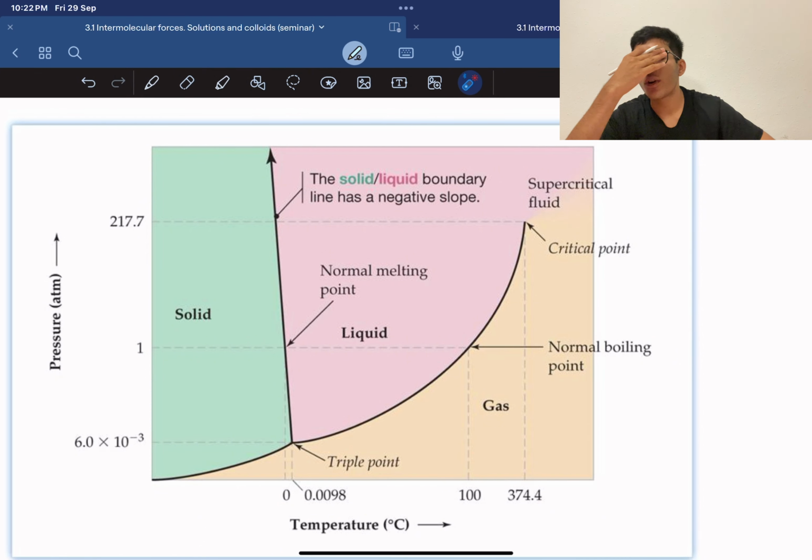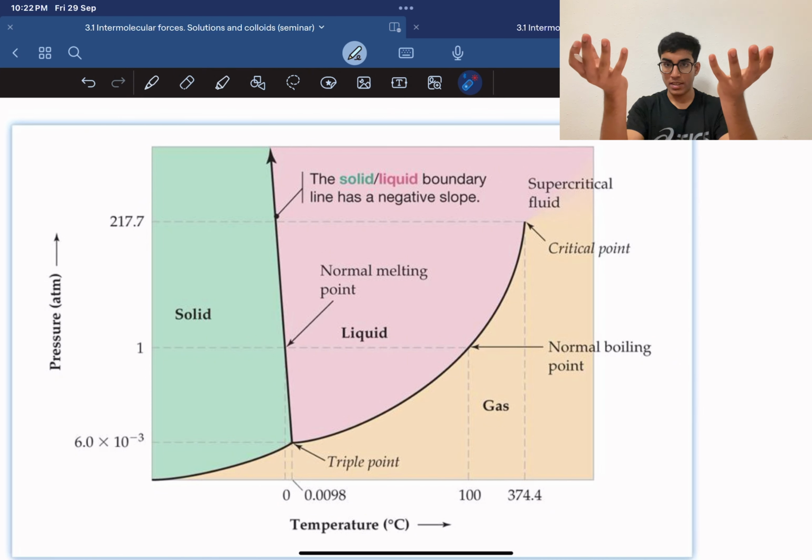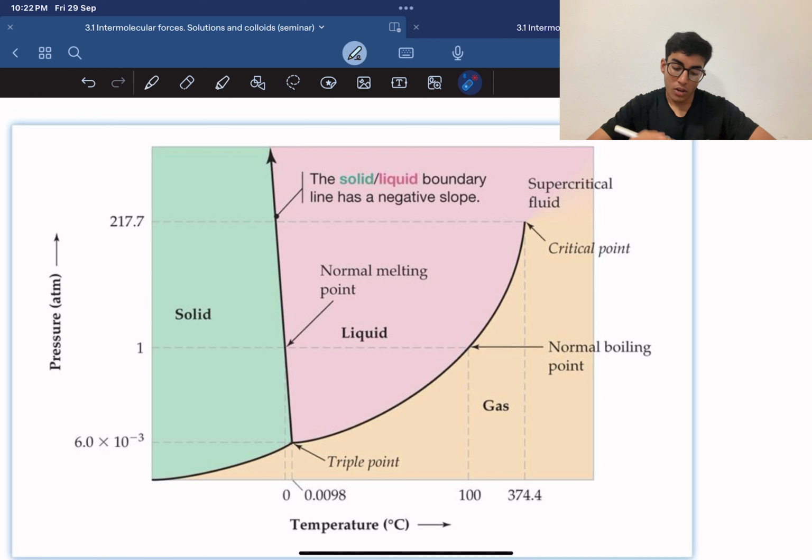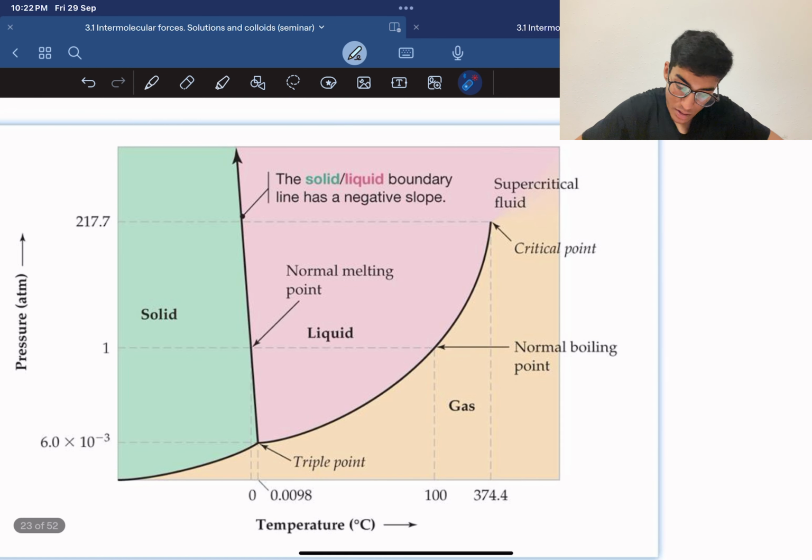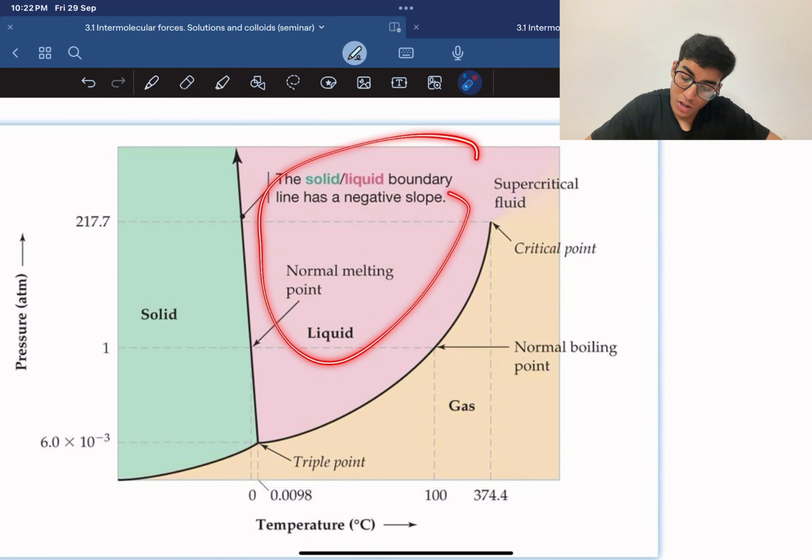To understand which medium is higher density, we need to look at which medium exists at higher pressure. Simple. Okay? So if I take a point anywhere in the graph, if I take a point here, go up in pressure, it's going to come into liquid.